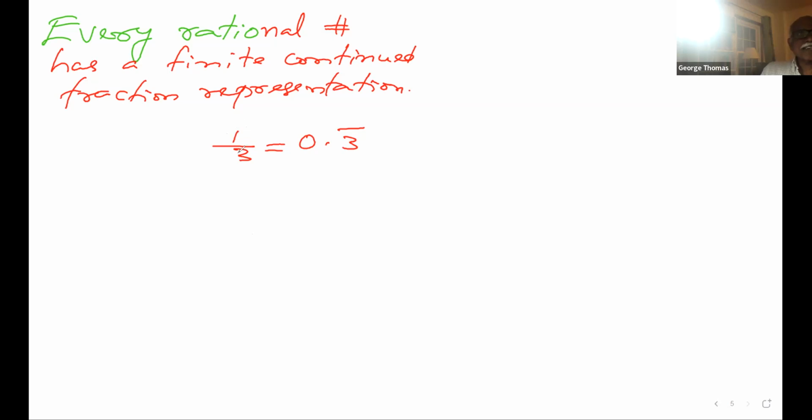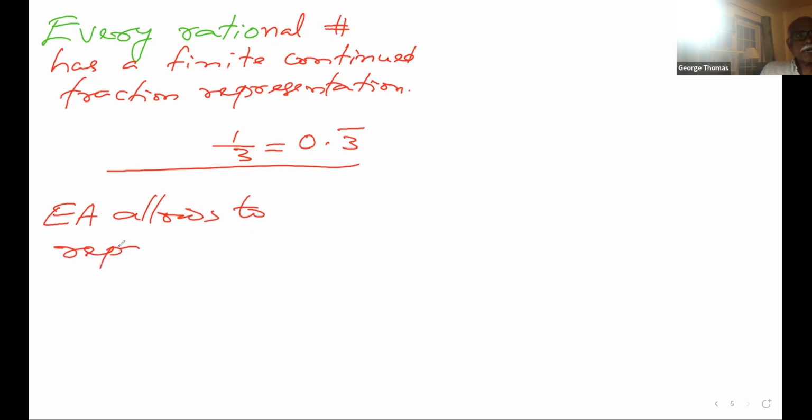It's done right there, sitting right there. So that's the beauty. So you see, the Euclidean algorithm allows us to represent a rational number as a continued fraction.